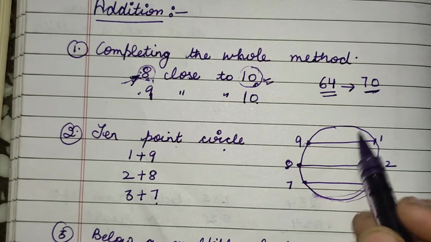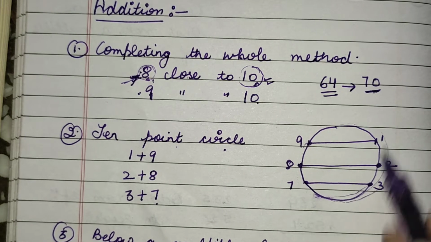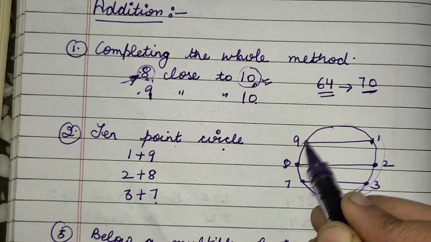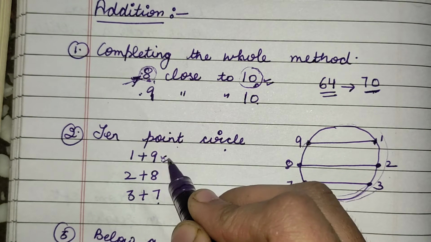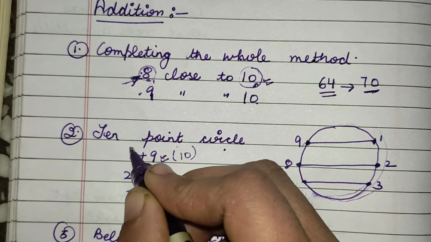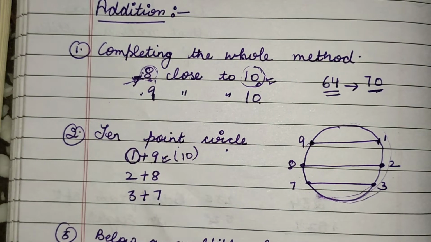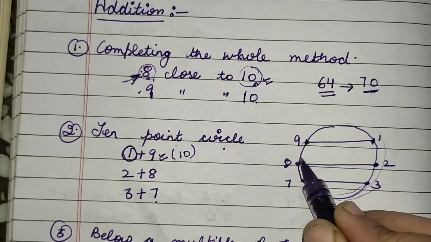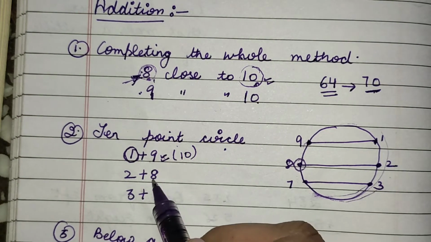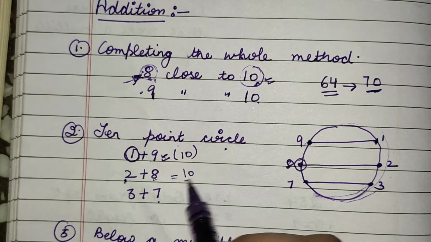Let us suppose this is our circle, and this is 1 and this is 9. We know that 9 is closer to 10. So we find this value, 1, which means how close it is to 10. And if I add 2 to 8, it will become 10.